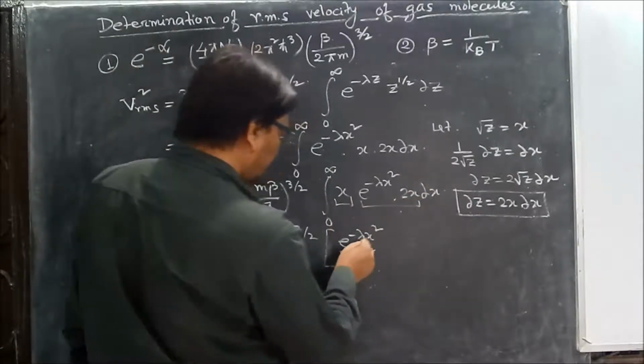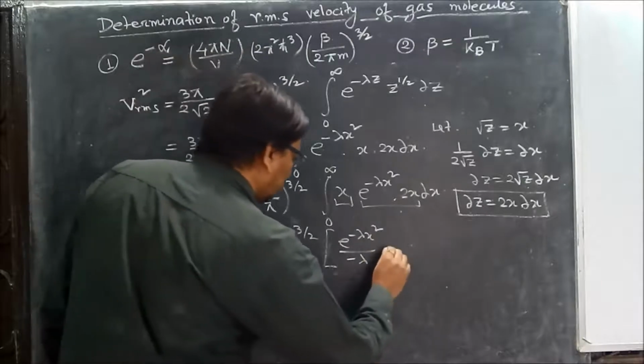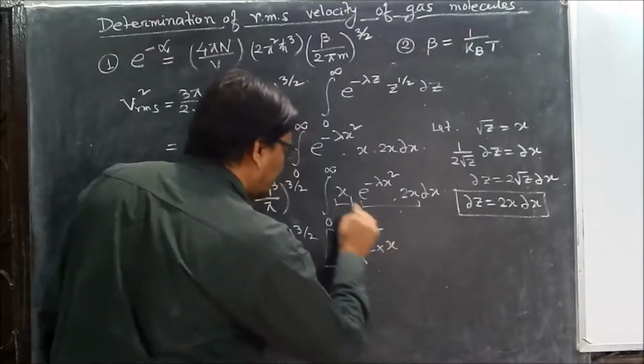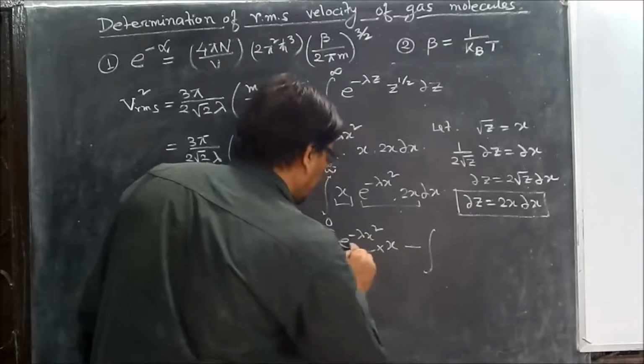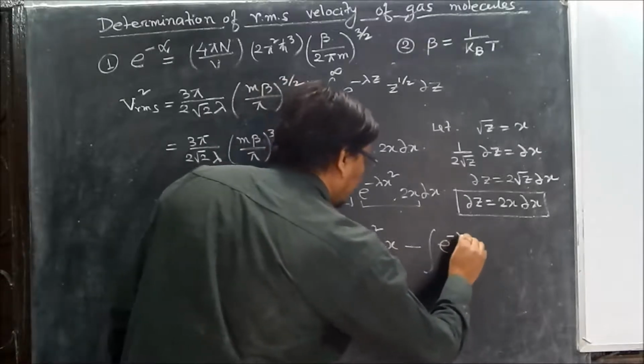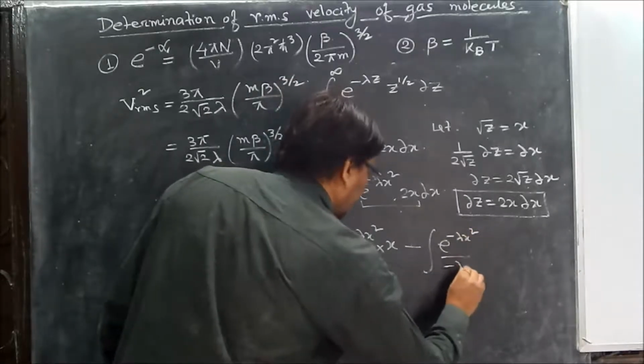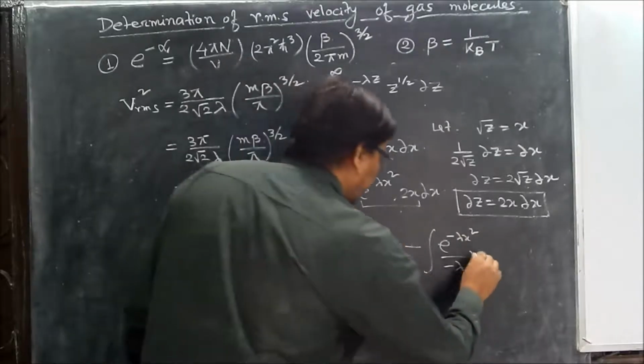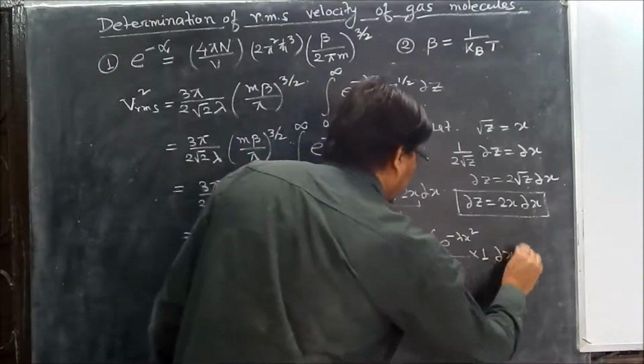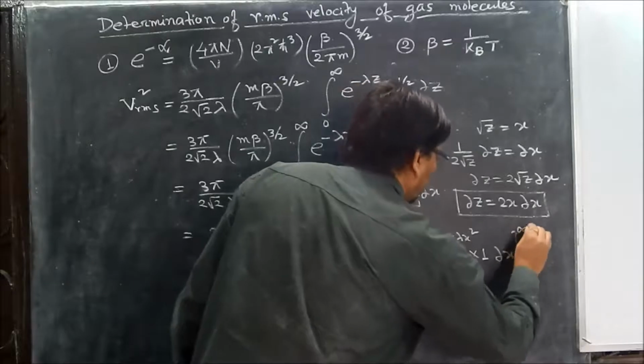So this will be e to the power minus lambda x square and this one into x. So this is the first term minus this part integration by minus lambda and differentiation of x, and that is actually 1 and del x. So this is from 0 to infinity.